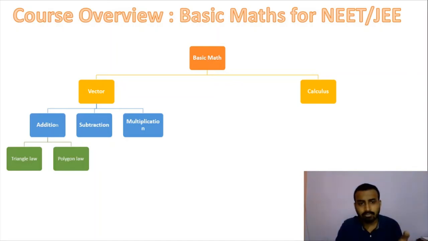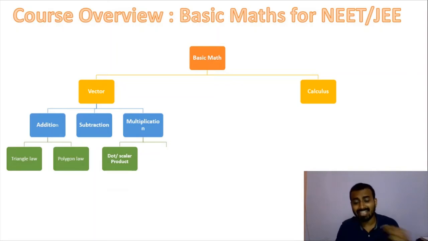Now coming to the multiplication portion, again there are two different varieties. When two vector quantities are multiplied, the resultant can be either a scalar quantity or a vector quantity. Both are possible here. When the resultant is a scalar quantity, the product is called the dot product or scalar product.